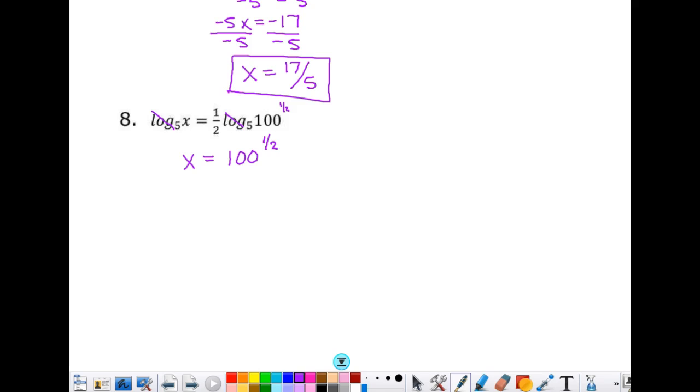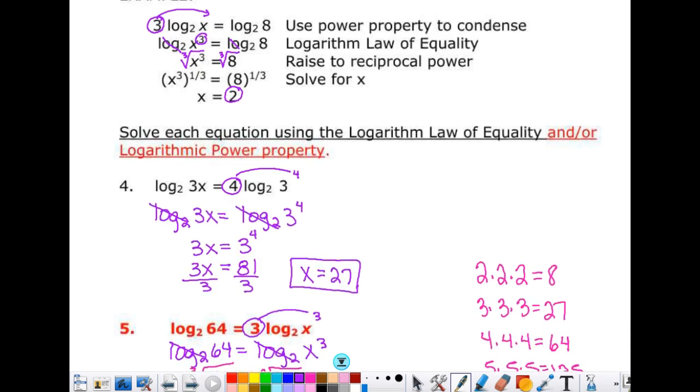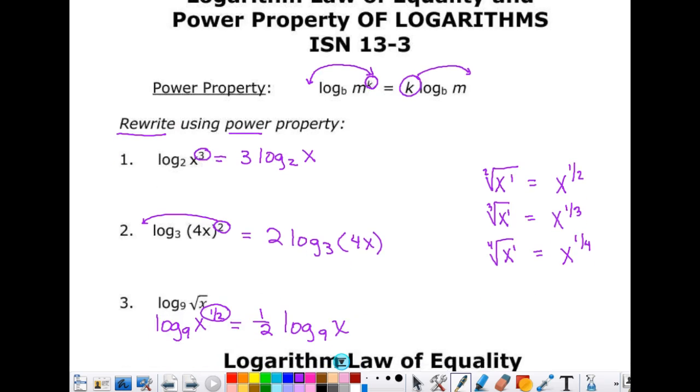What's another way to do 1/2 power? What did we talk about up here? Some of y'all are saying it, but I want more of y'all to say it. On the first page. Look, the 1/2 power means square root, doesn't it?